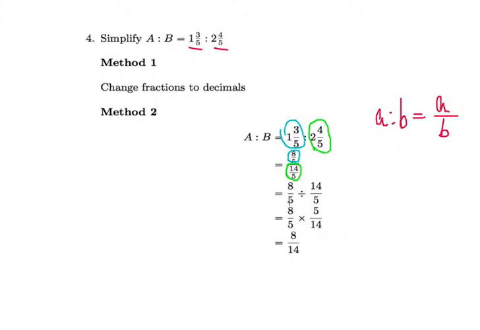The blue one divided by the green one. So we have this over here. And then we swap the 14 and 15 to get this, 5 over 15 to make it times. Correct? So then we get 8 over 14, which is equal to 8 is to 14. So really it's just that simple.